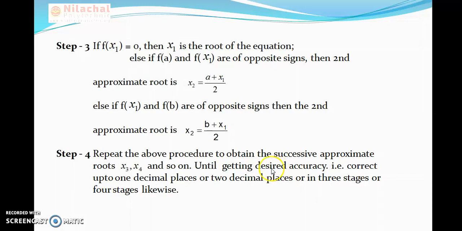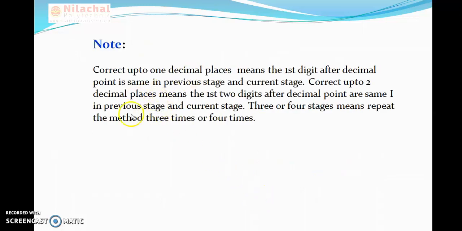Now we will discuss what the desired accuracy is, and what is the meaning of correct up to 1 decimal place, 2 decimal places. Correct up to 1 decimal place means the first digit after the decimal point is the same in the previous stage and current stage.